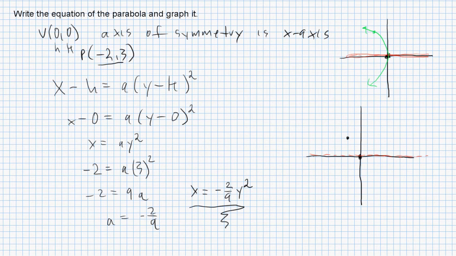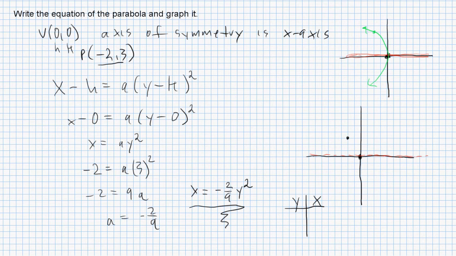Now to get the graph, we then just go ahead and pick some points. Since it's a horizontal graph, I'm going to pick numbers for y, substitute those into the equation to give us the corresponding x. We've got our y here, down here at 0, 0, so I'm going to pick, let's say, 1 and 2. Well, we've got a point up there, so we really only need one other point.